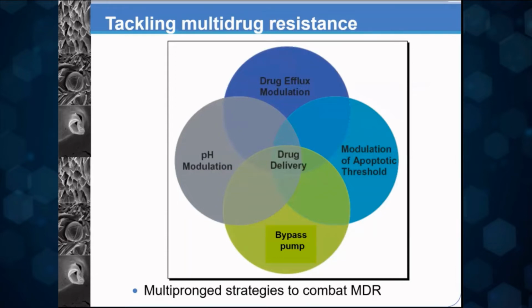So I'll talk a little bit about this bypassing the pump and drug efflux. What happens in tumors as well as in certain types of bacteria is that they will overexpress certain efflux pumps. And if this efflux pump is overexpressed on the surface of the cell, then even if the free drug is in the vicinity of the cell, the pump will actually throw out the drug.